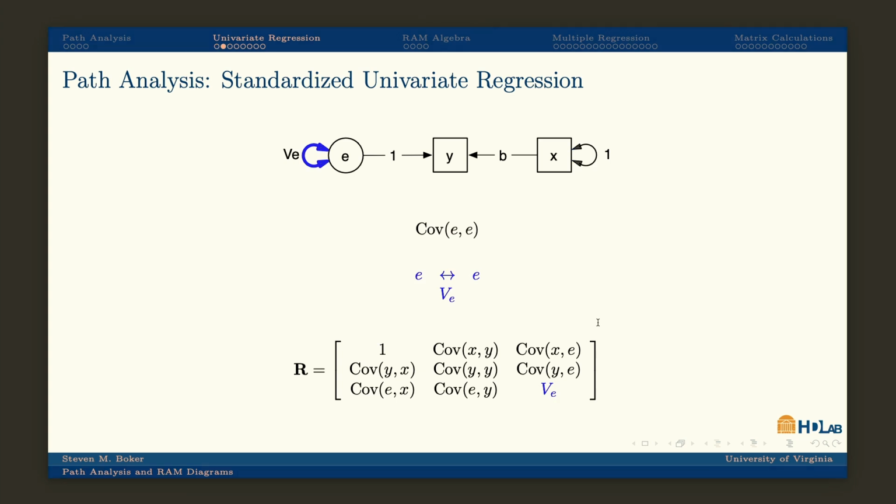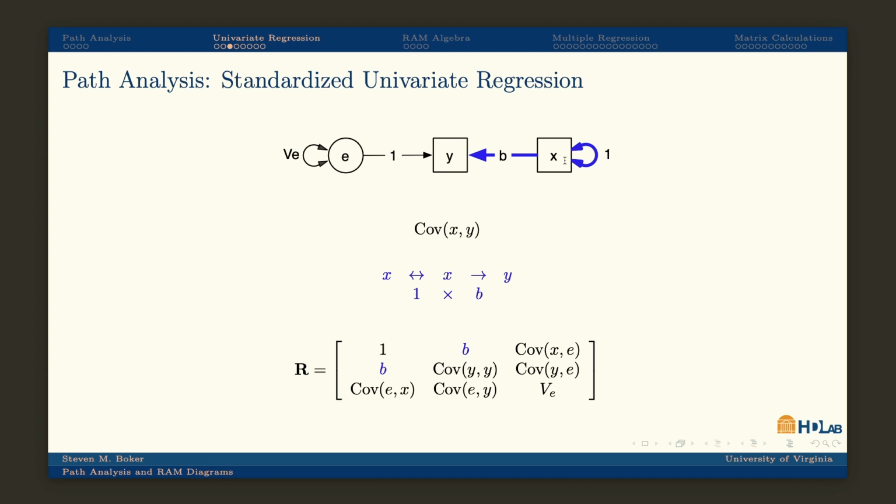How about for the error variance? Well, that's VE. And we can put that down here in the covariance matrix of all of the variables in the model. How about the covariance between X and Y? Well, we can follow these tracing rules.